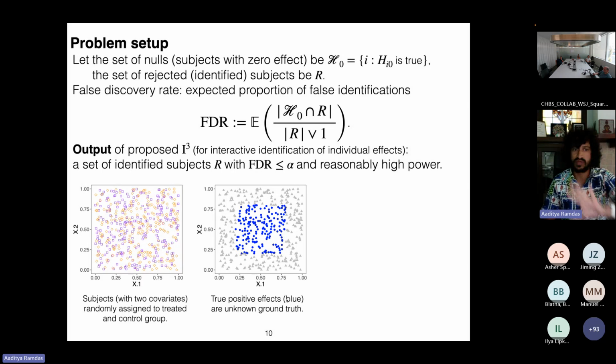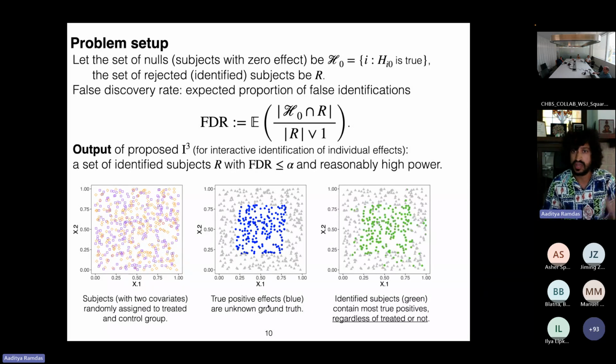Okay, and so in the setup of the experiment that I showed you, this is what I-cubed produces. The green set of people is the output from I-cubed. And you can see that in this experiment it's reasonable. You have reasonable power. You can see some false discoveries scattered around, but it's not too bad.